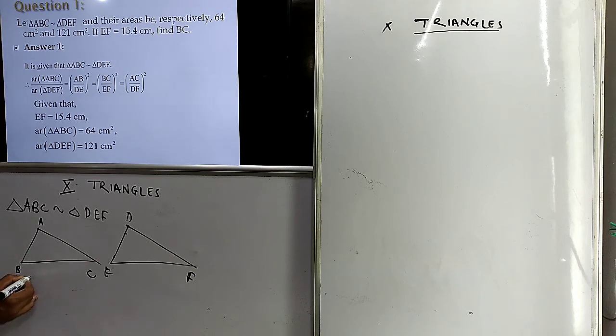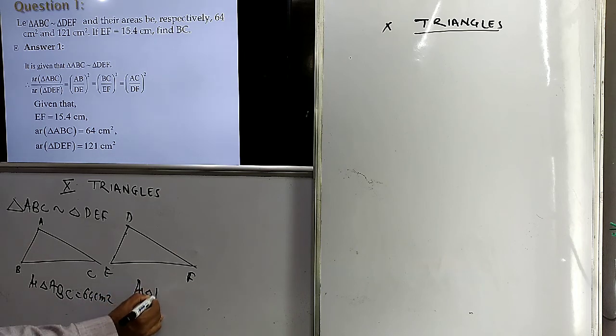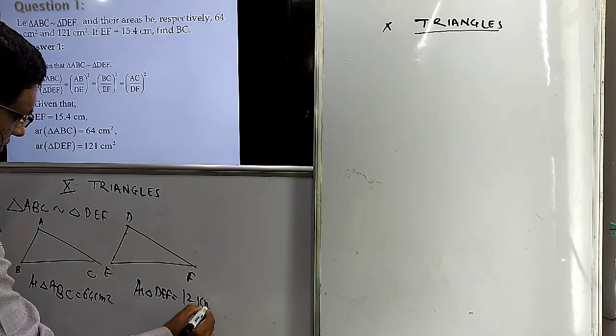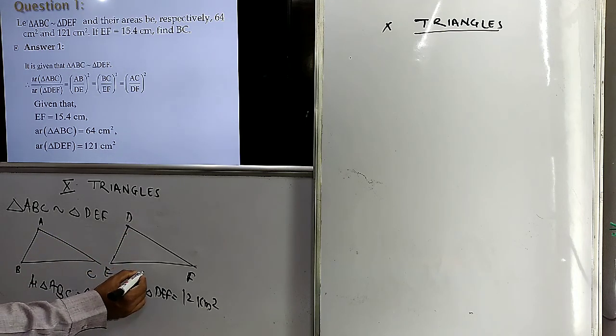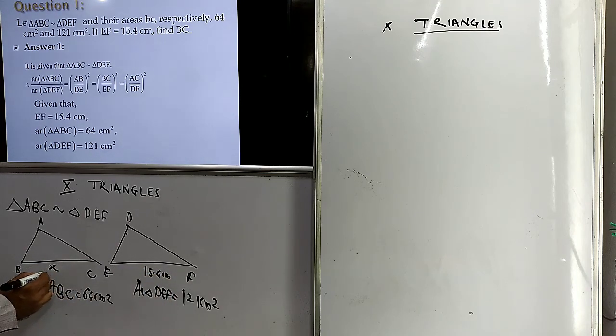Area of triangle ABC is equal to 64 square centimeter, and area of triangle DEF is equal to 121 square centimeter. EF is given as 15.4 centimeter, and we want to find BC.